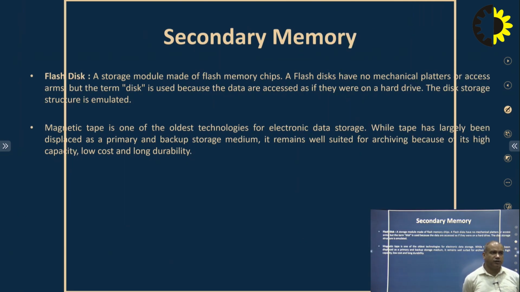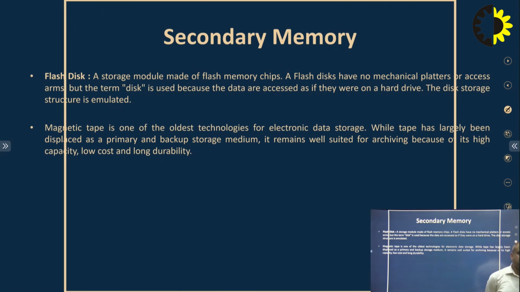Next, a flash disk is a storage module made of flash memory chips. The flash disk has no mechanical platter or access arm, but the term disk is used because the data are accessed as if they were on a hard drive. So the disk storage structure is emulated.